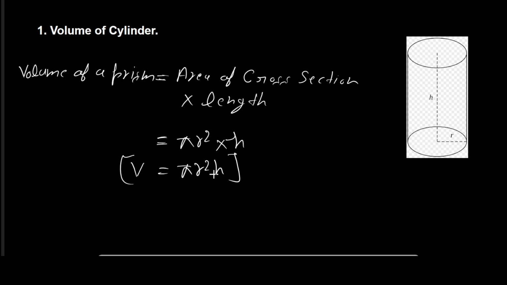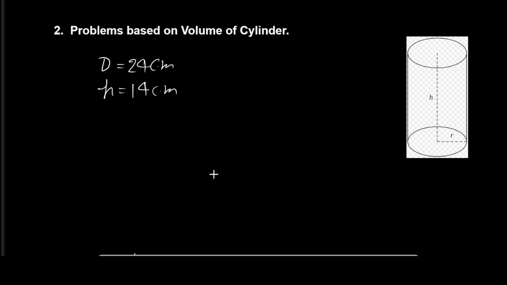Now moving to the first problem, which is based on volume of cylinder. We have the diameter of this cylinder is 24 and the height of this cylinder is 14. So what is the volume of the cylinder? It is pi r square h. We can find the solution in term of pi. So pi times r.